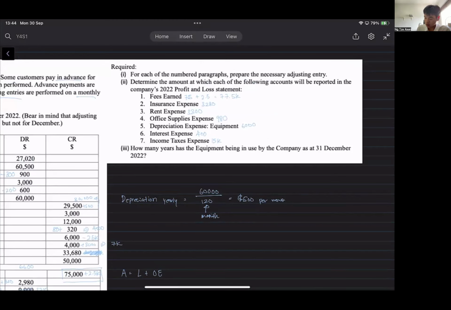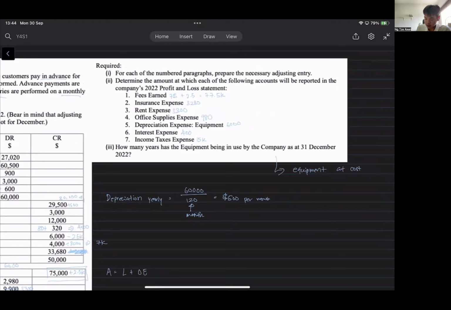So how many years has the equipment been in use as of the 31st December 2022? Okay. So to find out how many years the equipment has been used, we have the equipment at cost. And remember that accumulated depreciation is a contra asset. So we have the depreciation, right?